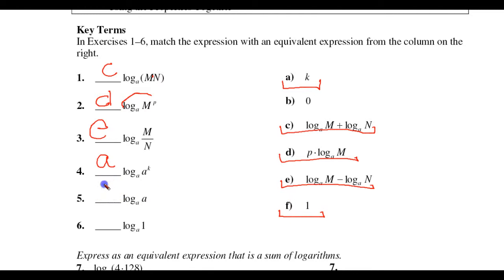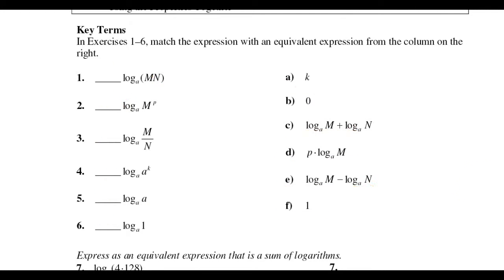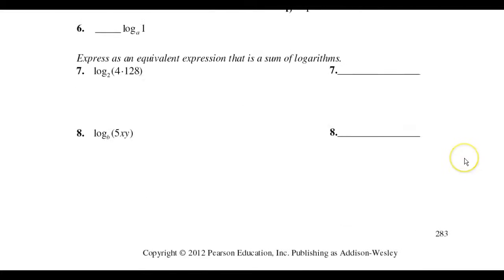And that's going to be F. And there's only one left. And the log A, where it's going to be 1, what did we say is the power that gives us a 1? And we said that was 0. So that's going to be B. And hopefully I got those all right. Yes, I did. All right, let's continue on to some examples now.